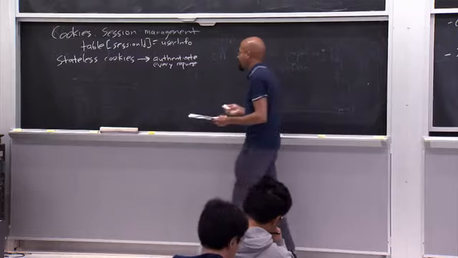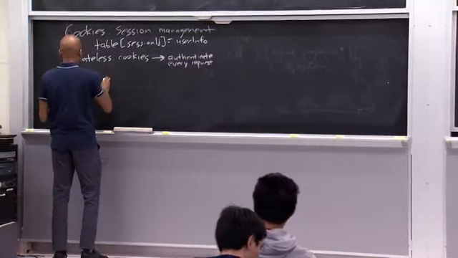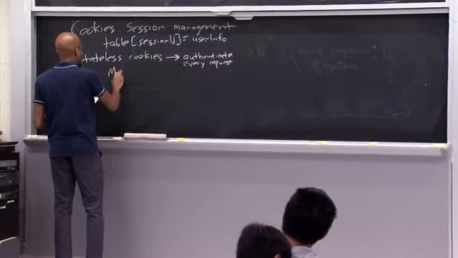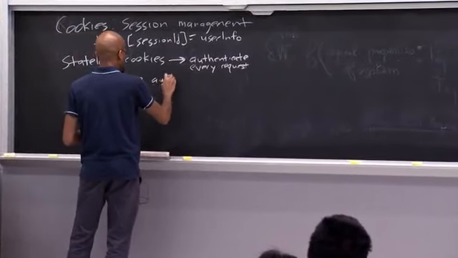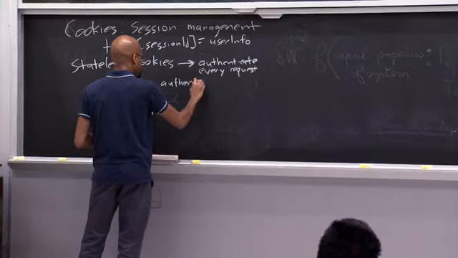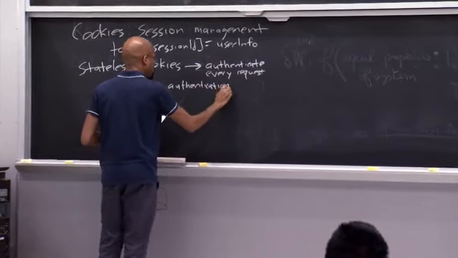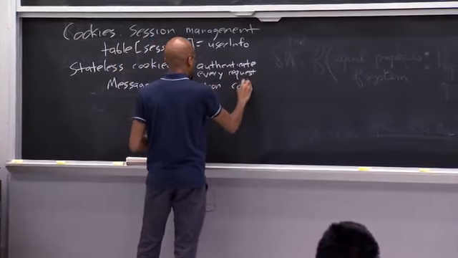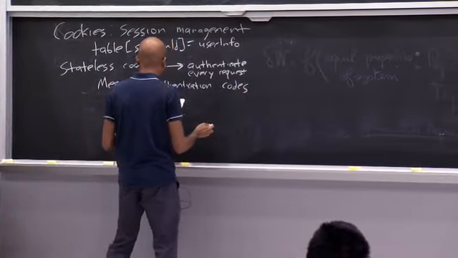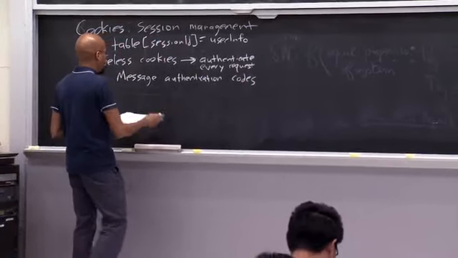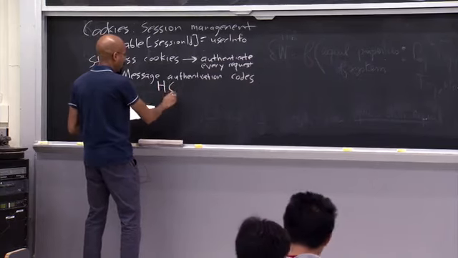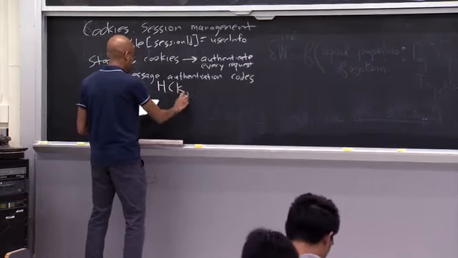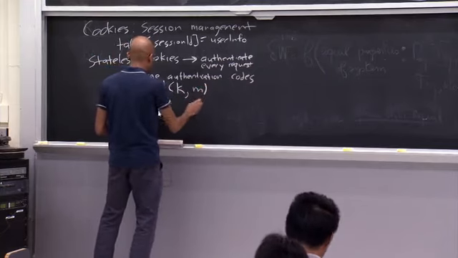And so one way you can imagine doing this is by using something they call MACs, or message authentication codes. The basic way to think about one of these MACs is that it's like a hash that takes in a key as well. So the message authentication code is the hash of some key and then some message.